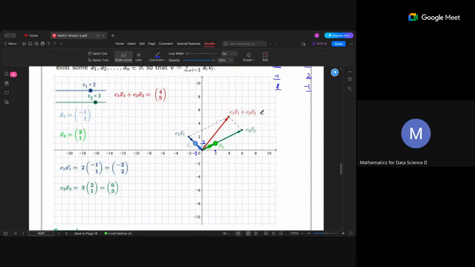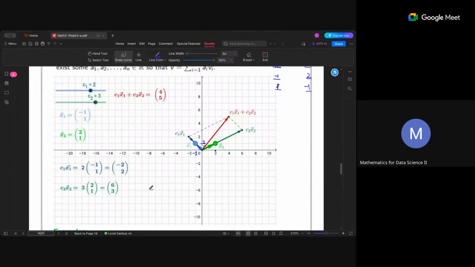So nothing new is happening. We first did the scalar multiplications and then we added them up. That's all.